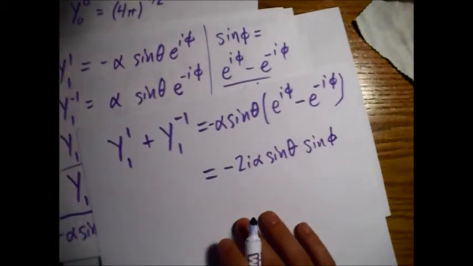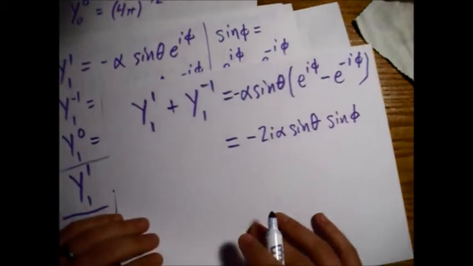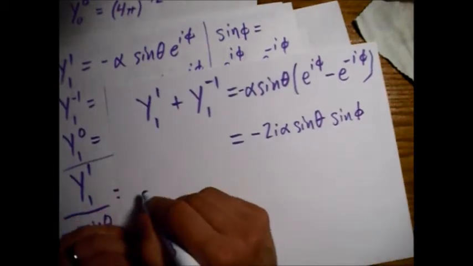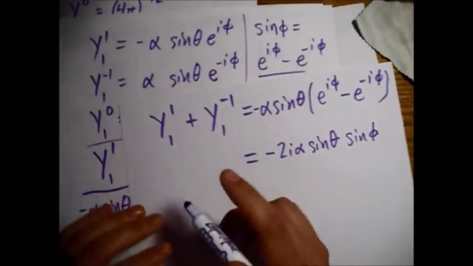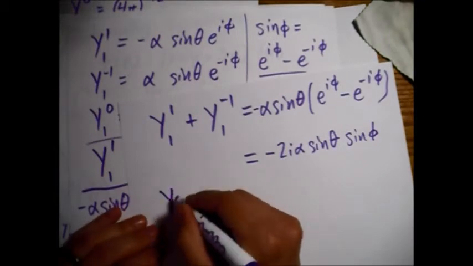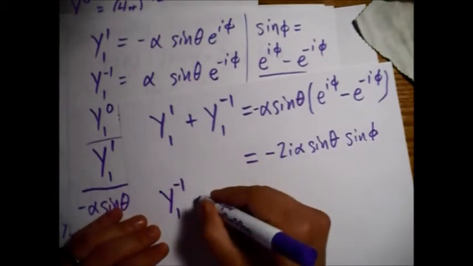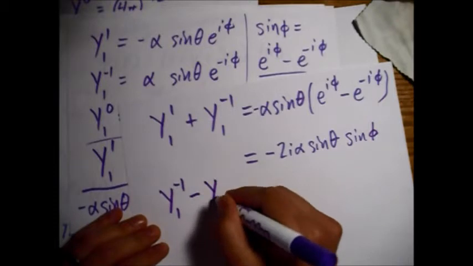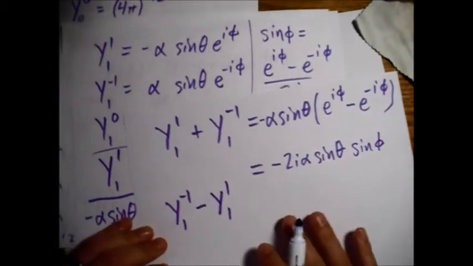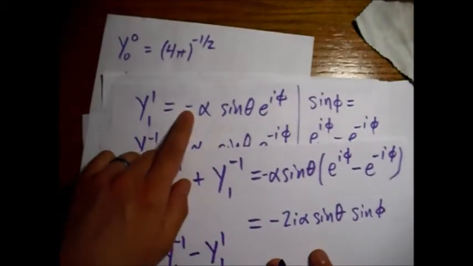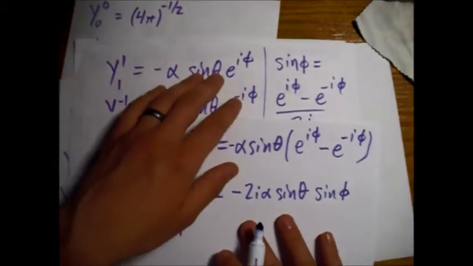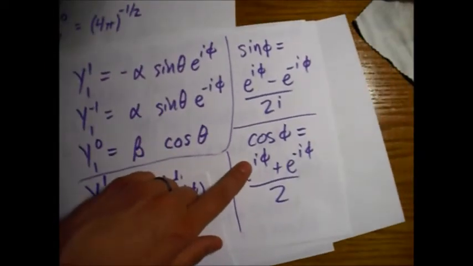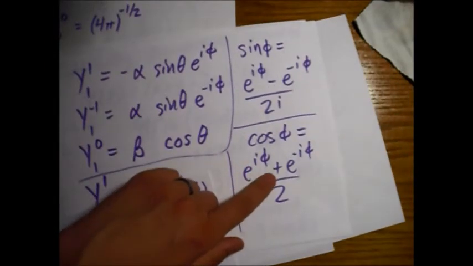Okay? All right. Now we're going to look at Y1 minus 1 minus Y1 1. Why did I pick that? Because I want this minus sign to go away, because I know what I'm shooting for. I'm shooting for the cosine of phi here, where these are both added together.